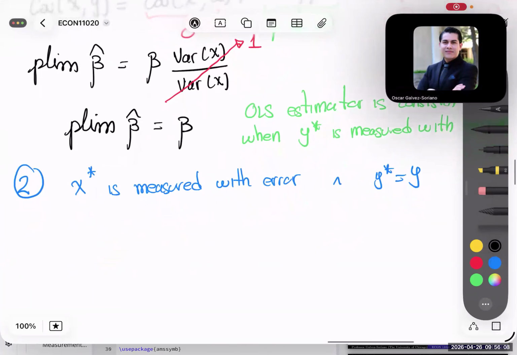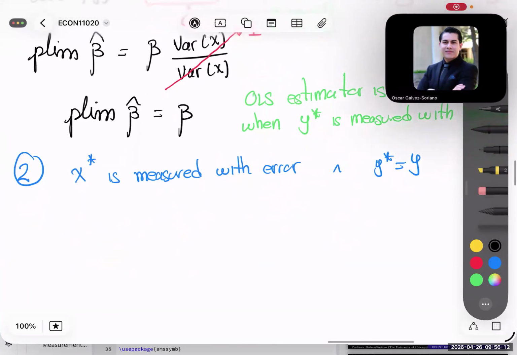Now this is the interesting case, because the model that we wish we could estimate is the original model, the true model.